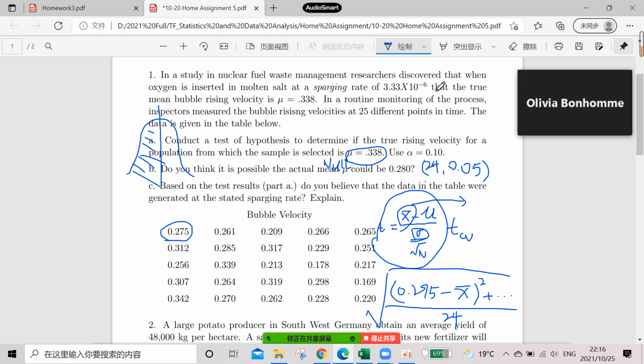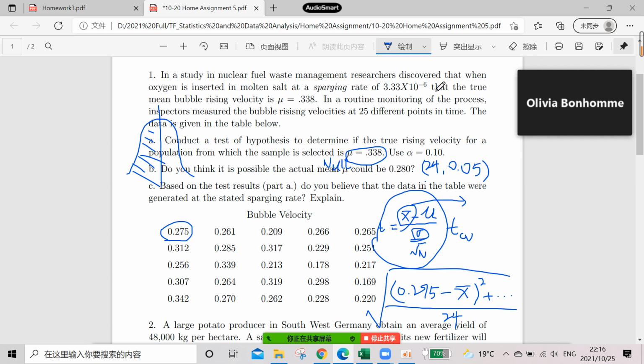You can see that formula in the slides, the PowerPoint of the lecture. So that would literally be 0.262 minus 0.338 over 0.466 over the square root of n.